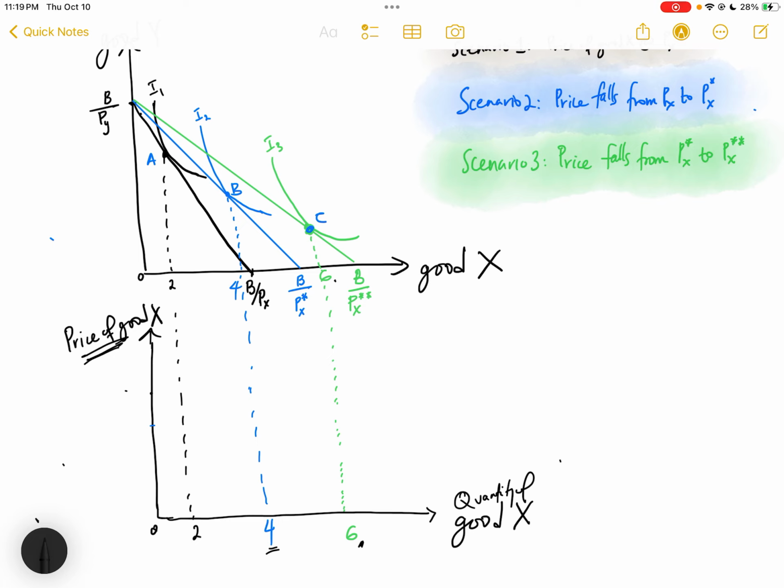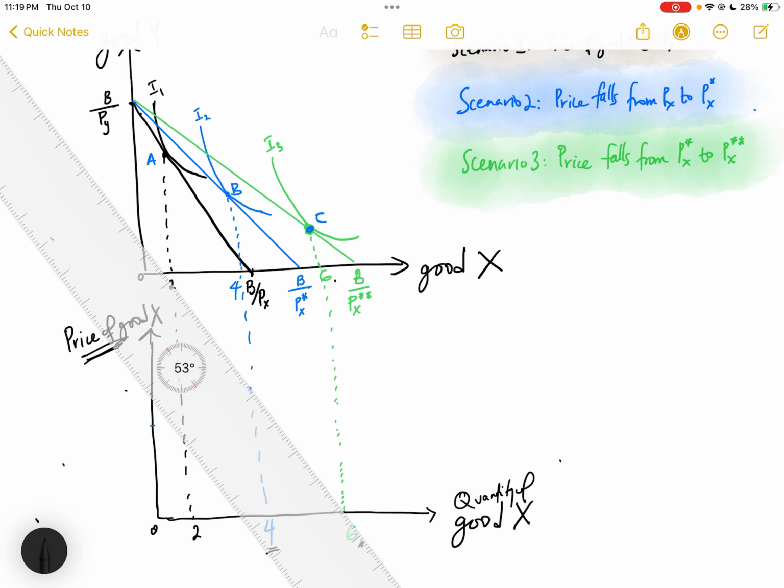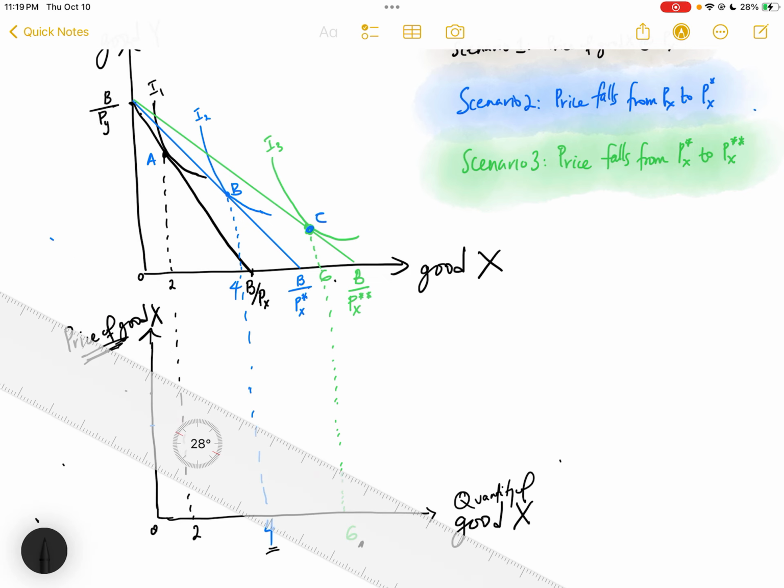Okay. Now, what are the prices? Well, the prices are PX, PX star, and PX double star. So I'm going to cheat my way a little bit through this, so that the graph is not too messy.